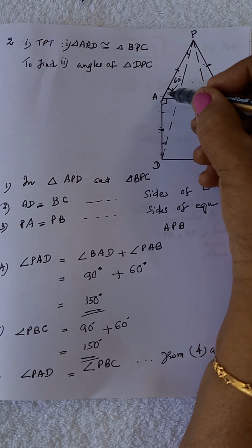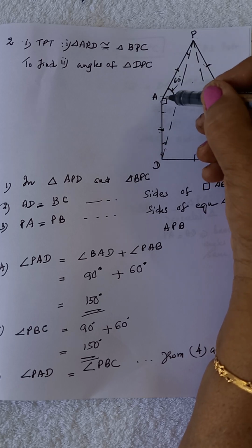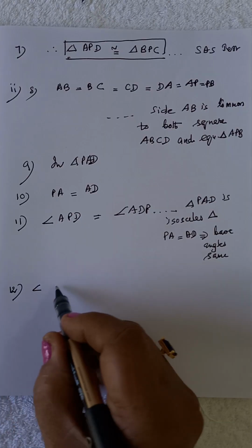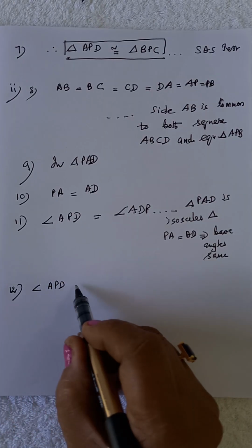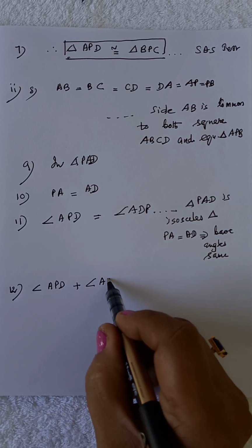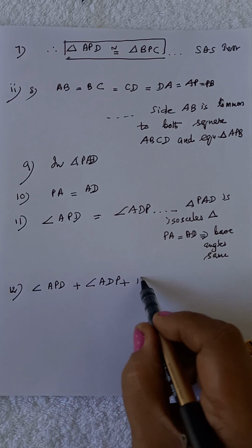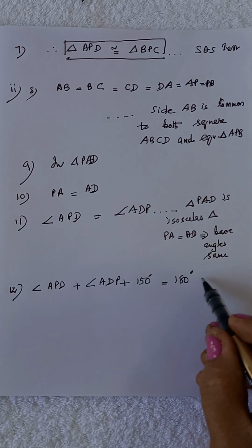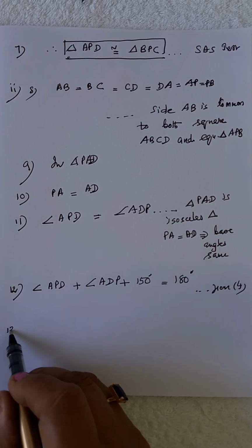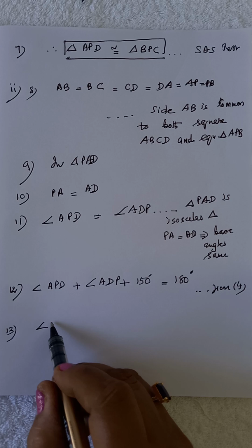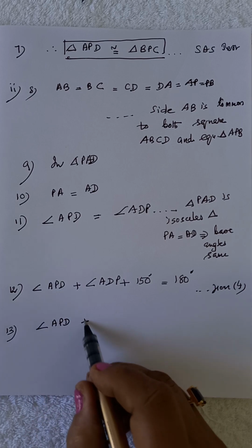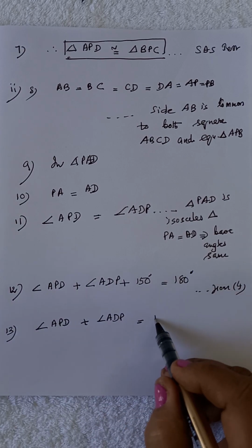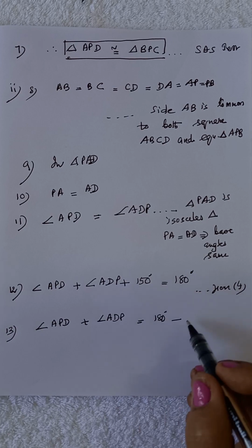But we know this angle, that is angle PAD, as 90 plus 60, 150. We got it earlier. So we can write that angle APD plus angle ADP plus 150 degree is equal to 180 degree. That is from 4. Now 13th point is angle APD plus angle ADP is equal to 180 degree minus 150 degree.